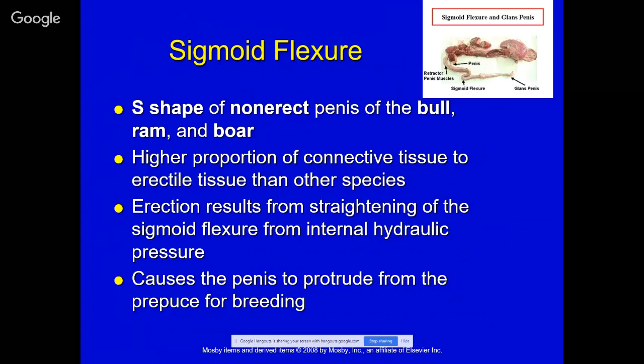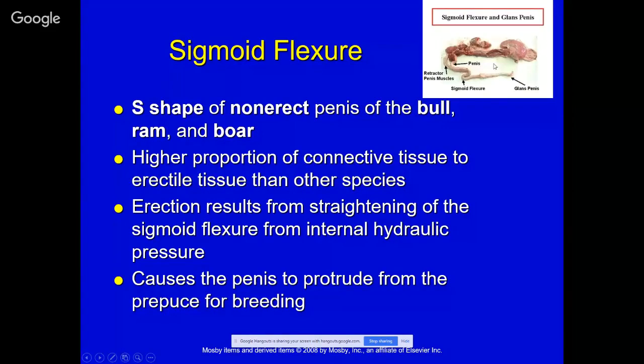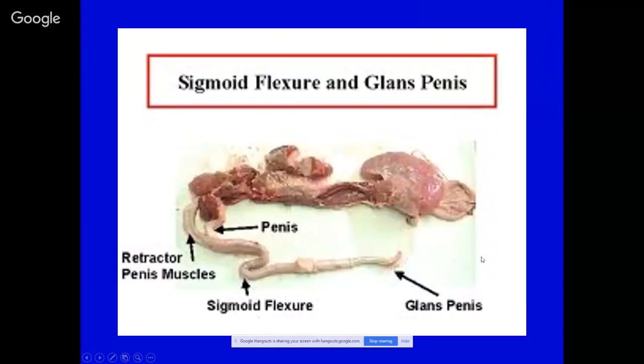This causes the penis to protrude from the prepuce for breeding. So this sigmoid flexure is normally there when the animal is going about its normal business. When it is erect, it straightens out, which makes the penis much longer so it can penetrate further into the female.